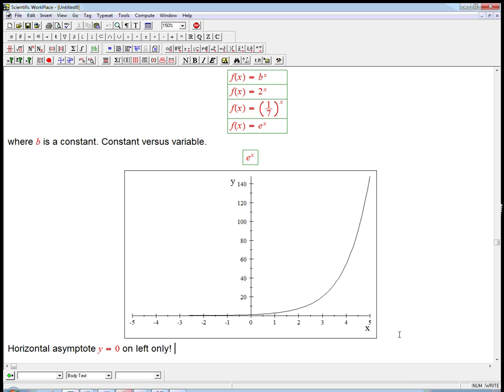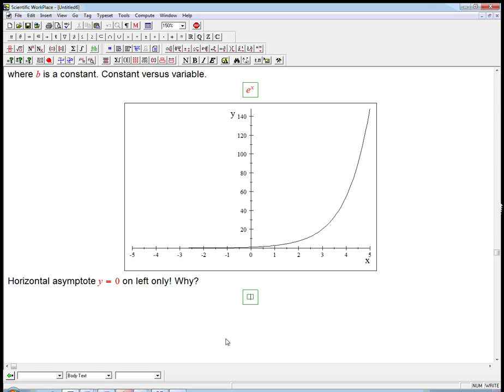Okay, that's very important. And why? Well, that's what happens when you take very negative numbers and take an exponential. And what is that about? Well, e to the minus x is 1 over e to the x.